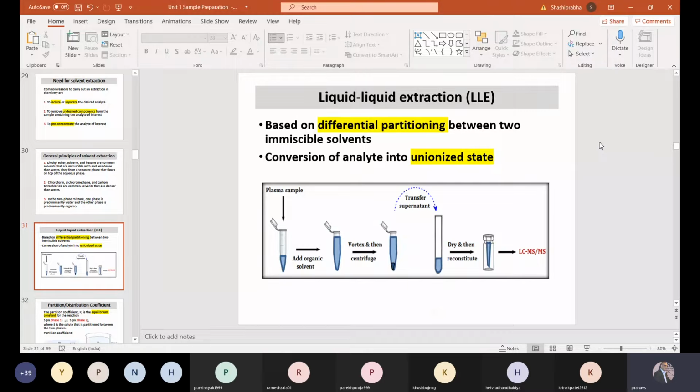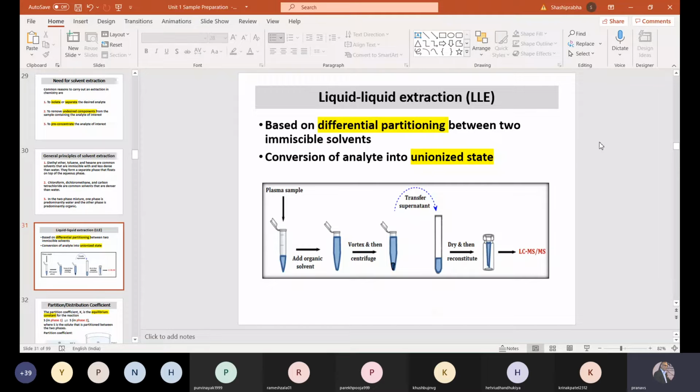That is what we aspire to when we do liquid extraction. There are different ways and means to do that. And as I said in the beginning, it can be used for inorganic ions as well as organic molecules. So it can be used for both.